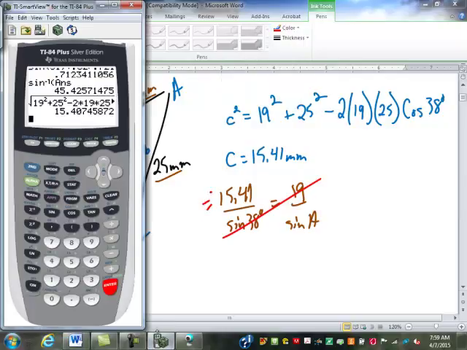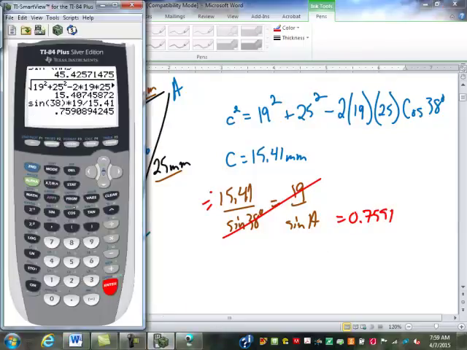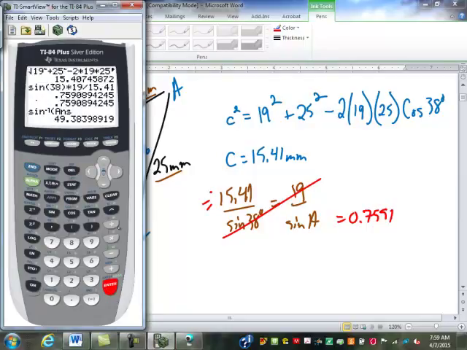So it's going to be sine of 38 times 19 divided by 15.41. Gives us 0.7591. Inverse sine gives us 49.38 degrees.